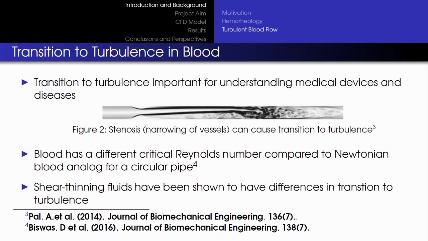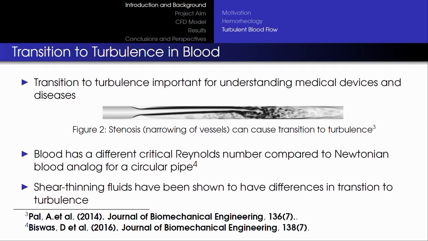And another thing we don't think about with blood is turbulence. It exists when we have devices implanted into the body, and when we have diseases such as stenosis, where we get this flow separation and a lot of coherent structures develop downstream of the vessel.